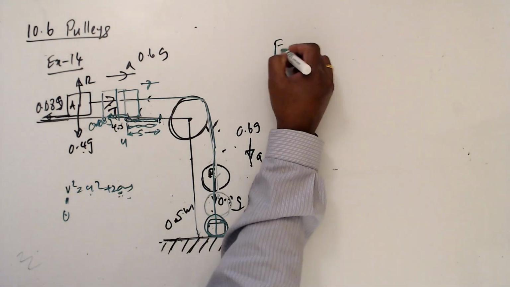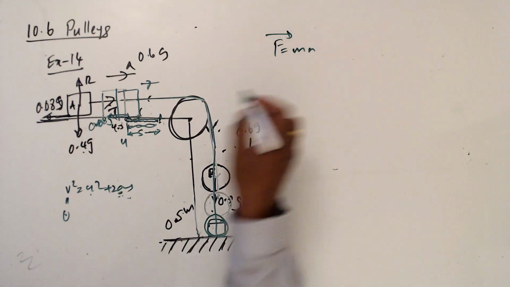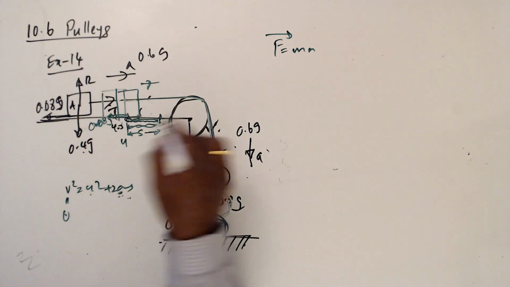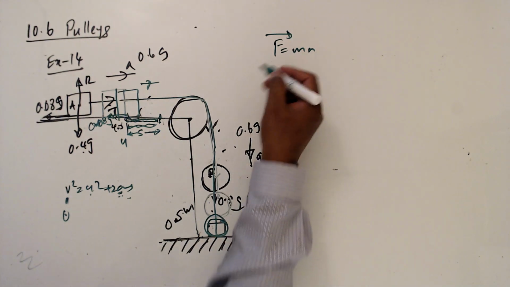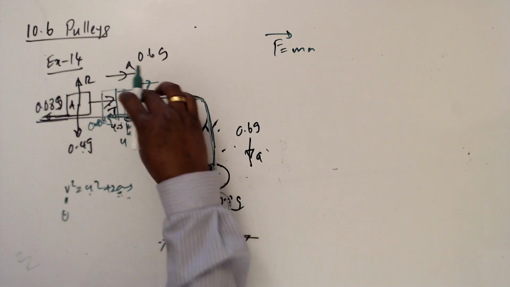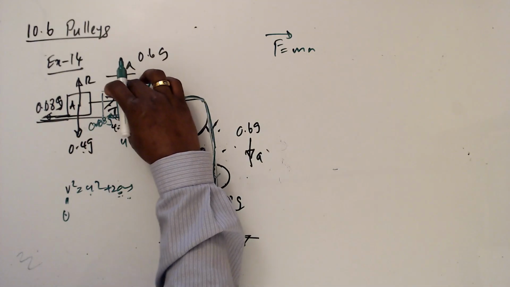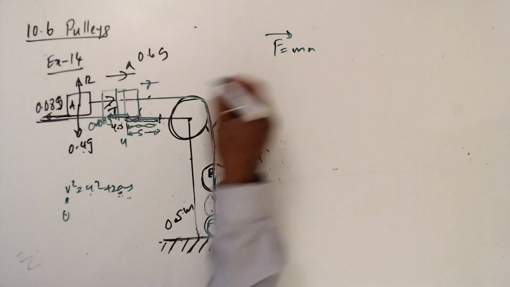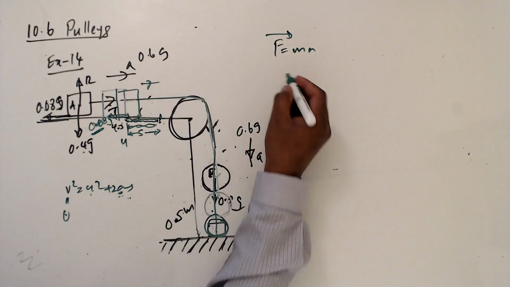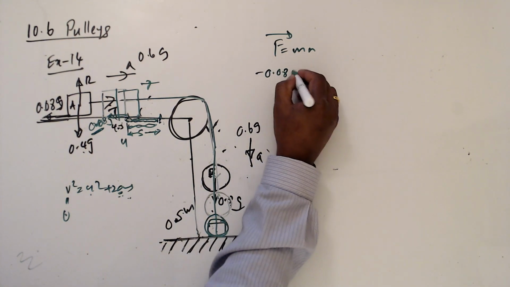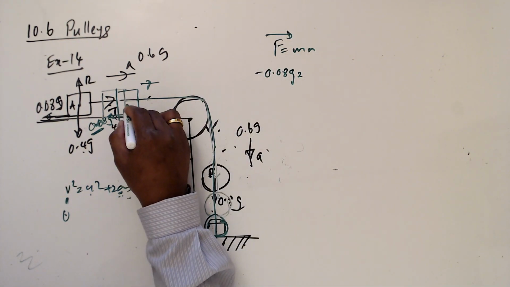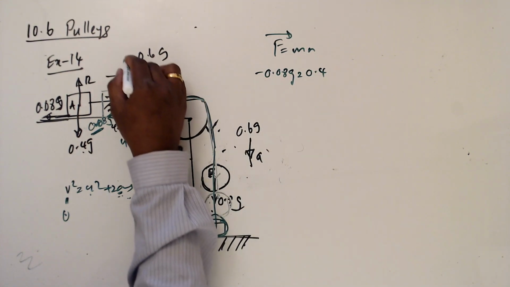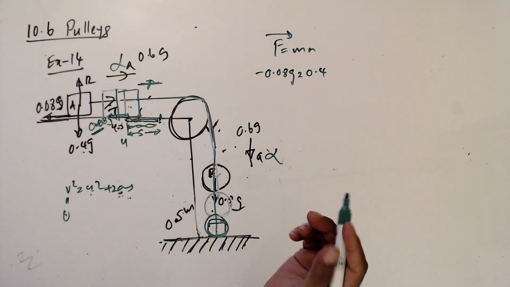So when we put F equals ma in this direction, for this particle without tension, just after it hits this one and the tension becomes 0, the particle starts moving freely, and the only force is this one, so minus 0.08 g, equals this particle's weight 0.4 times a, which is not this A, it is a different a.